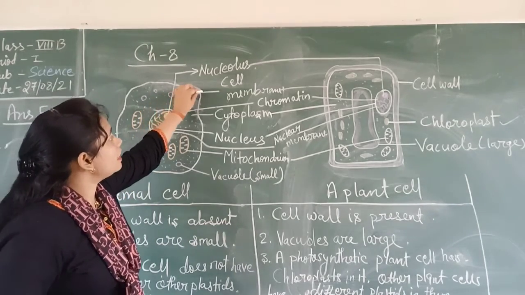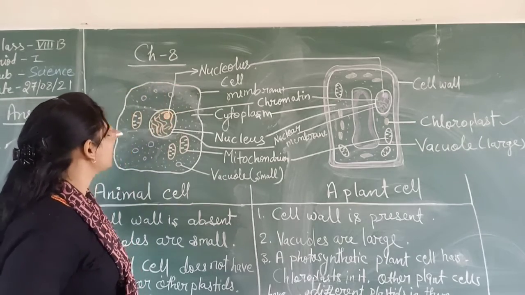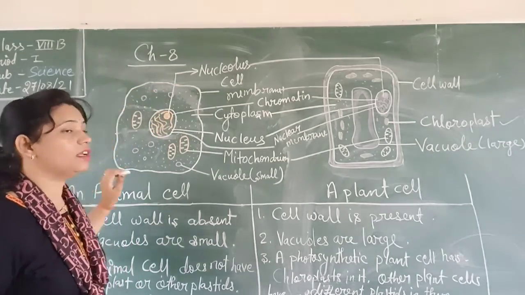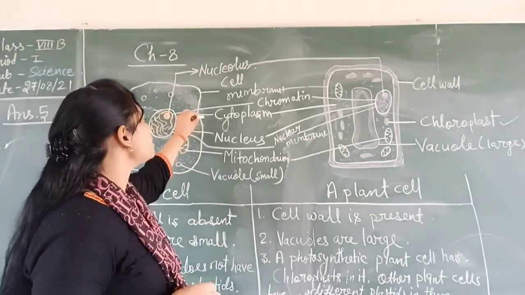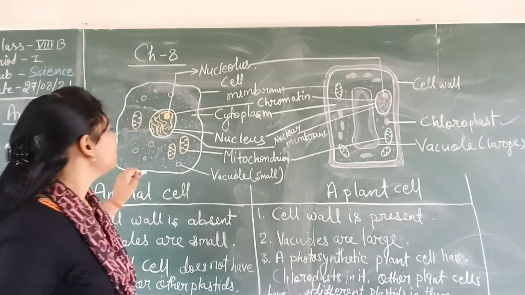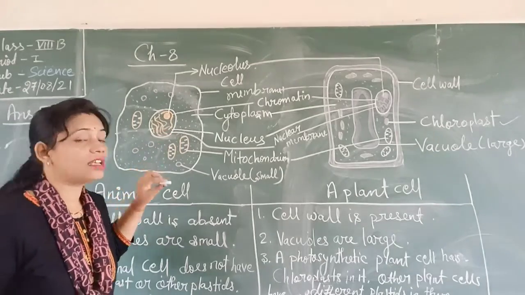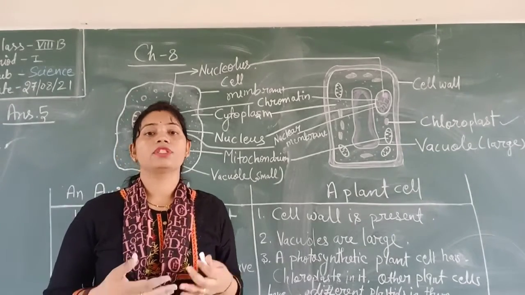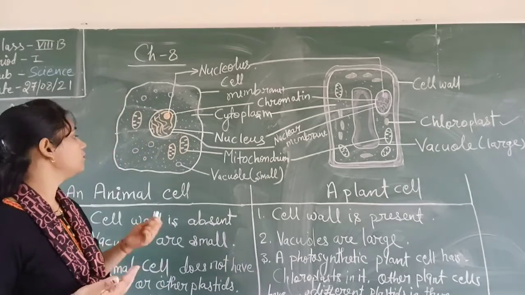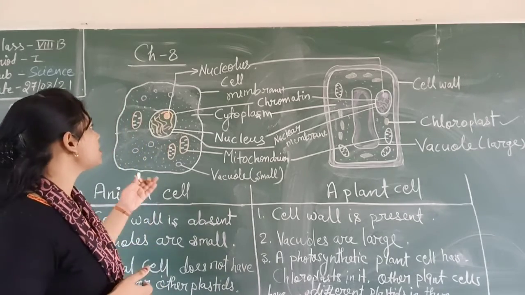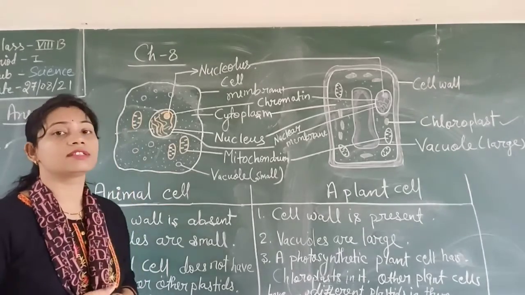Between nucleus and cell wall a liquid is filled, which is transparent, clear and jelly like structure. That is known as cytoplasm. In the cell some organelles are also present, which are mitochondria, ribosomes and vacuoles. So these are the organelles of the cell.